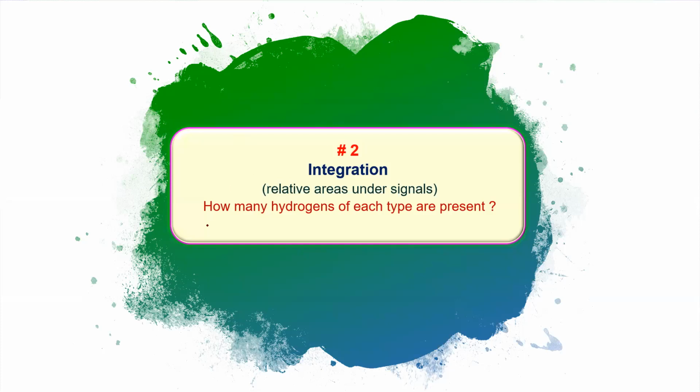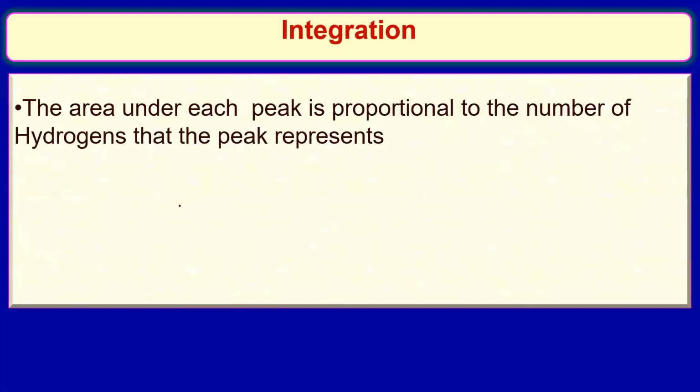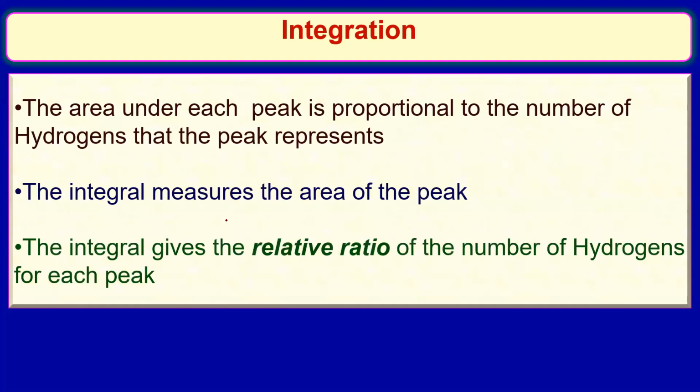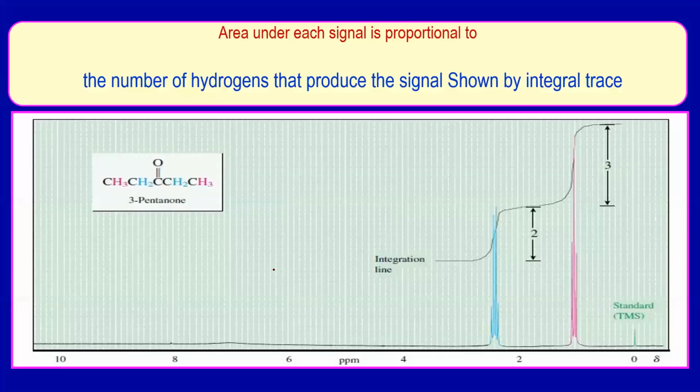Now let us look at the integration. It will indicate how many hydrogens of each type are present. The area under each peak is proportional to the number of hydrogens that the peak represents. So the integral measures the area of the peak. It will give only the relative ratio, not the exact number.